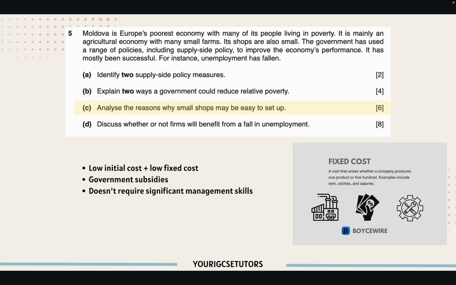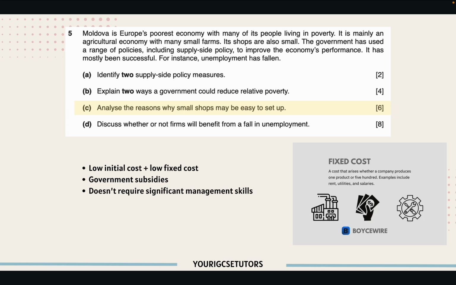Okay, part C. Analyze the reasons why small shops may be easy to set up. One of the reasons is due to the low initial cost required to set up, since small shops are small scale, so obviously it would be less costly. Or it could also have lower fixed costs since the rent could be cheaper for a smaller shop.